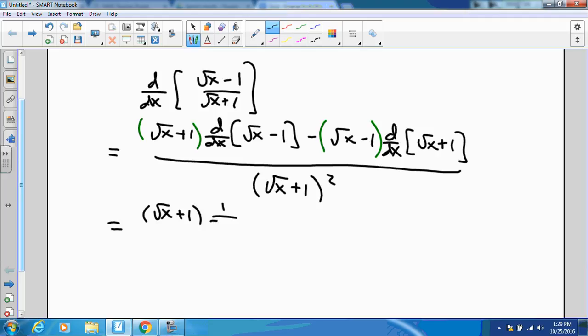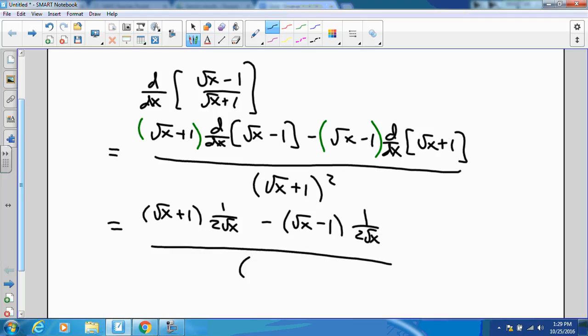Times 1 over the 2 square root of x. Good. Minus 1 over the 2 square root of x. Yep. Now, here's the second thing. In the bottom here, notice, unless it is a matter of great necessity, I am not going to simplify the denominator, because it almost never gives me any additional insight.